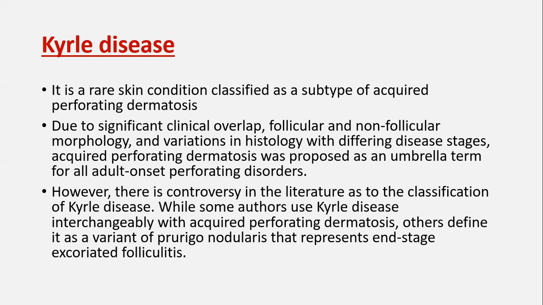However, there is a controversy in literature as to how to classify Kyrle's disease. While some authors use Kyrle's disease interchangeably with acquired perforating dermatosis, others define it as a variant of prurigo nodularis and represent an end stage of excoriated folliculitis.